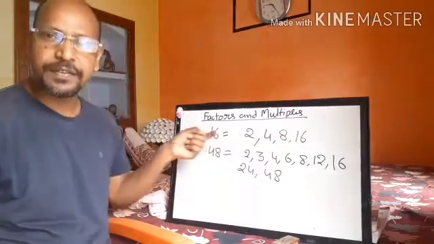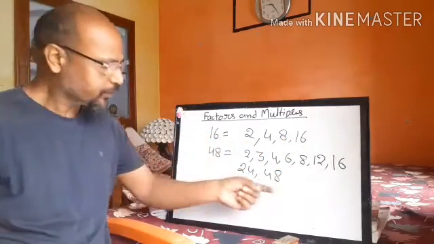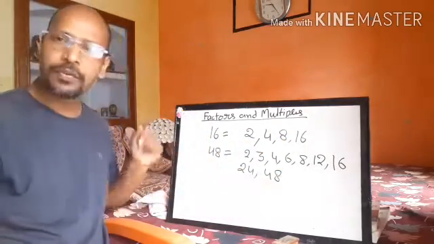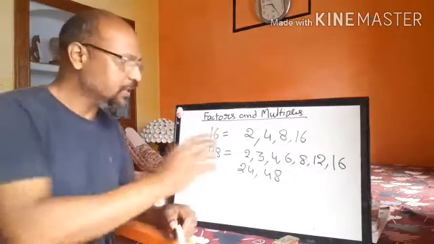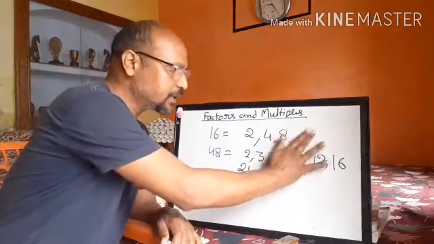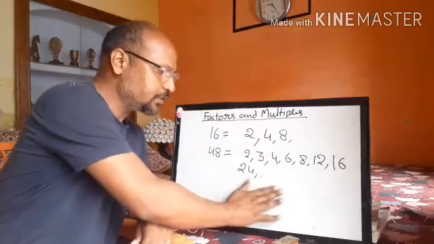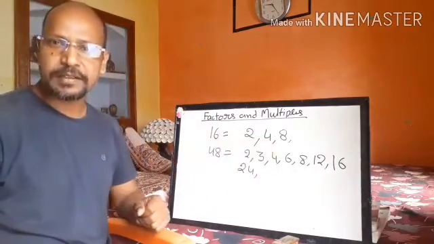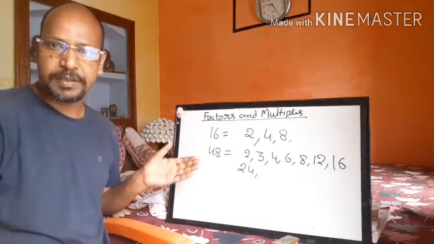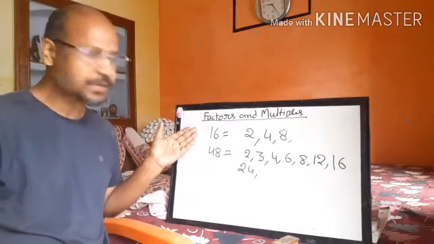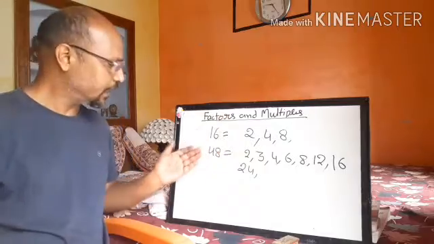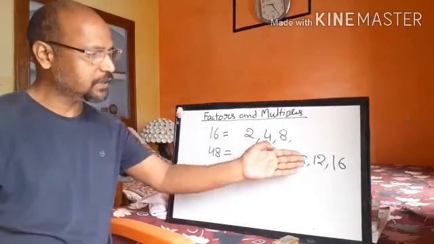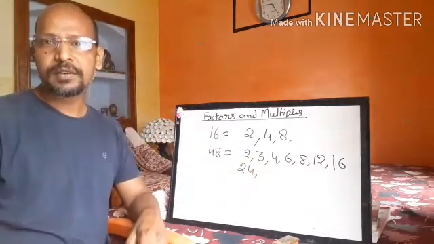So 16 is a factor of 16. 48 is a factor of 48. So we are also not considering that number as its factor. Okay, so the rest of the numbers are the factors of the given number. Like the factors of 16 are 2, 4, 8 and of 48 are 2, 3, 4, 6, 8, 12, 16 and 24.